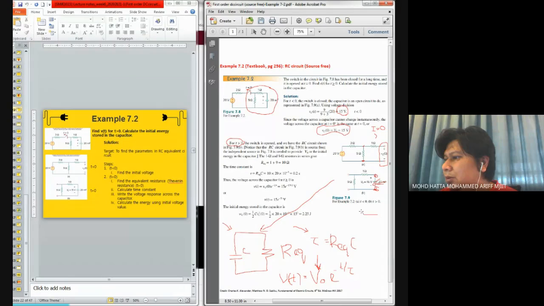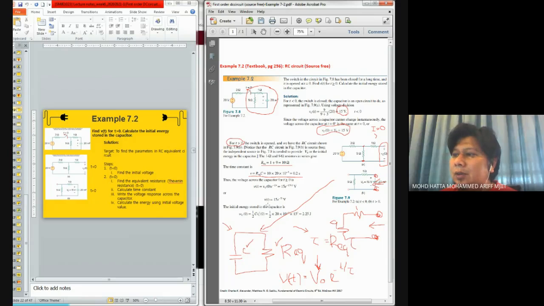In other words, you will come out with something which looks like this, where this is 1 ohm and this is 9 ohm. So it is easy to calculate the value of the resistor over here, given by these 2 elements connected in series. That's why here you see that R equivalent is given by a 10 ohm resistor. And since you already know the value of R equivalent and also the value of the capacitor, it is easy to calculate the value of tau.